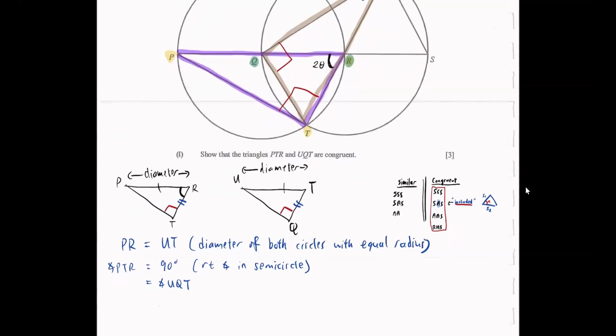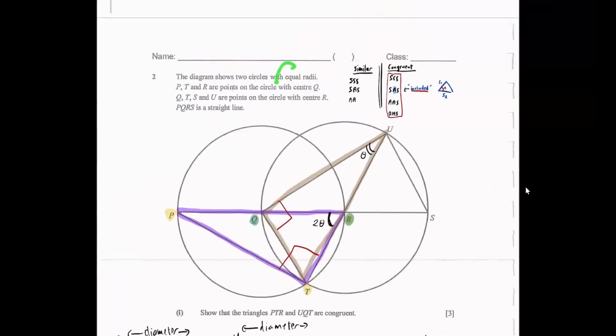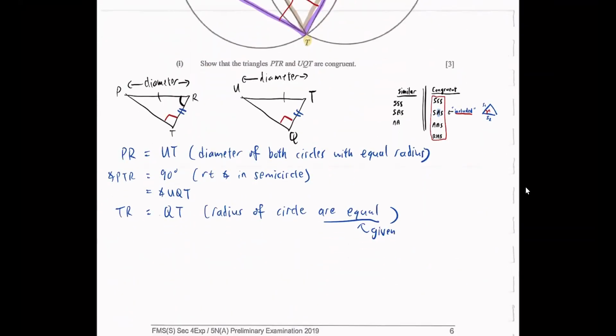And we also have the last length TR equals to QT. This is because they are both the radius of circle. And they are given to be equal. This was given. Right? They gave it to us. Equal radii. Okay, then you can say by RHS, triangle PTR is congruent to triangle UQT.